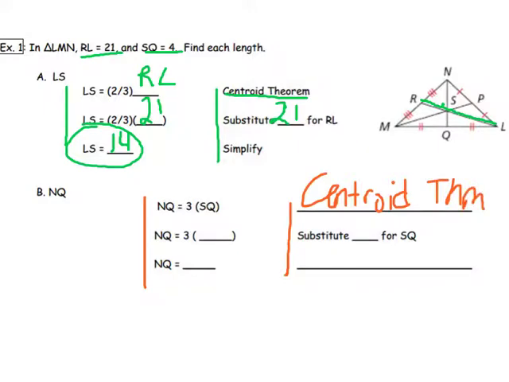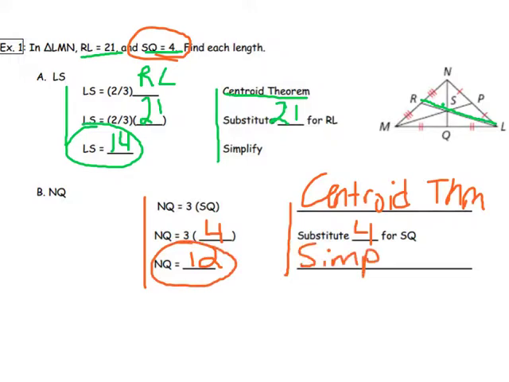We know SQ from up here: SQ is 4, so it's going to be 3 times 4. We substitute 4 in for SQ. So 3 times 4 is just 12. So NQ is 12. And how we did that? We just simplify.